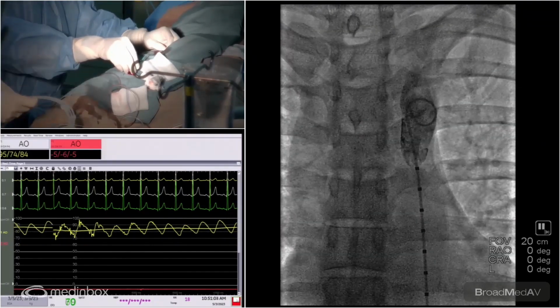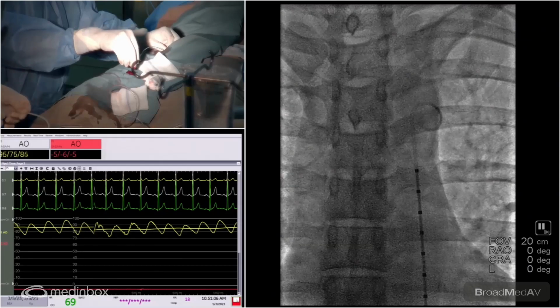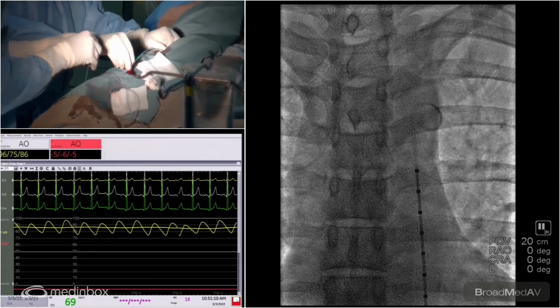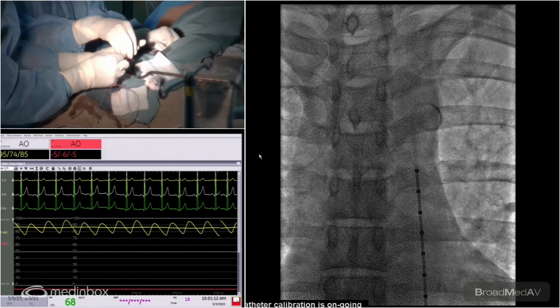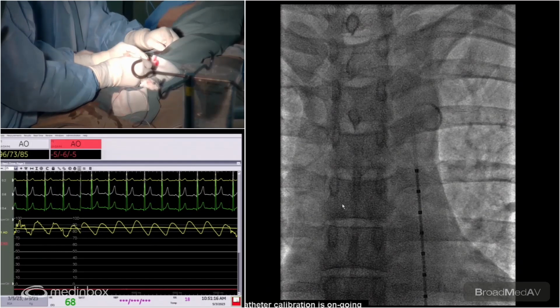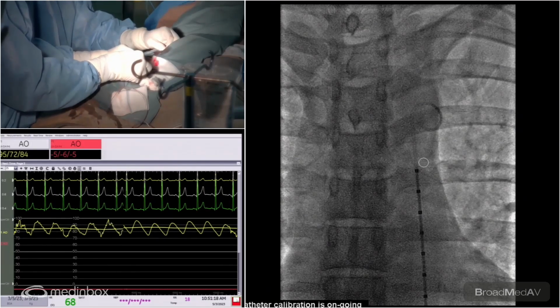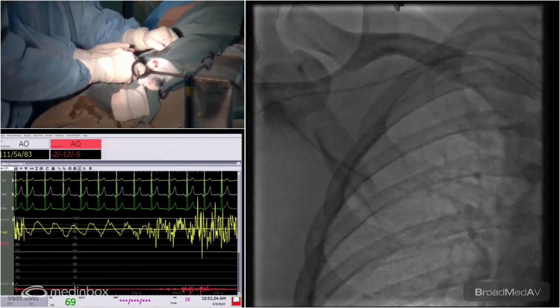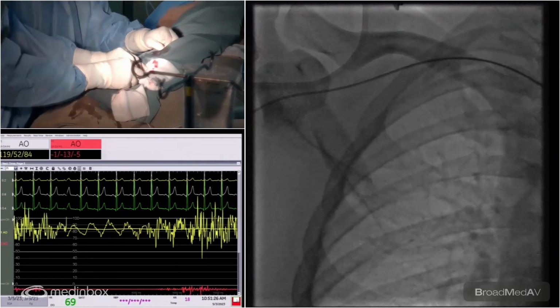This is a 6 centimeter long floppy tip Boston Scientific Amplatz Super Stiff guide wire. We will be positioning it in the brachial artery. We try to avoid the ascending aorta in patients who have a bicuspid aortic valve.